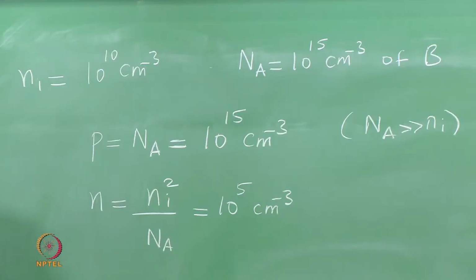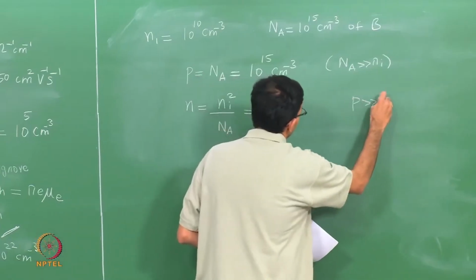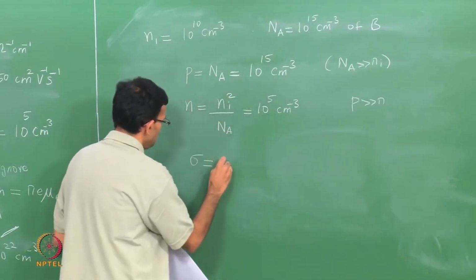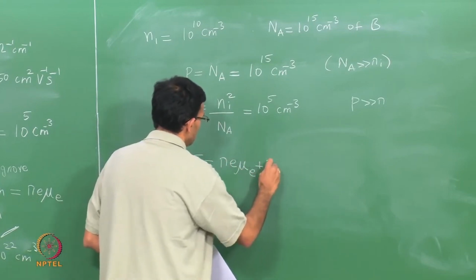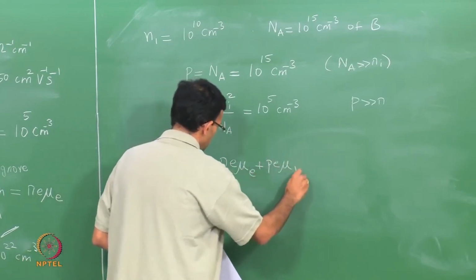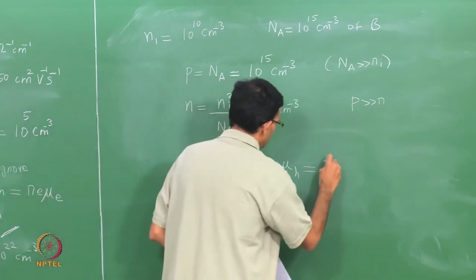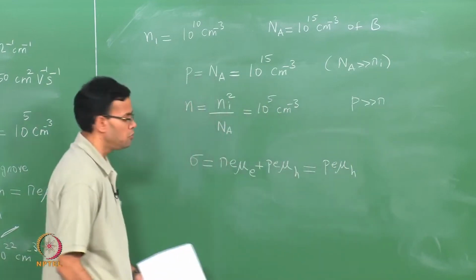So, in the case of a p type impurity, we find that P is much greater than N. So, your conductivity equation, which is N e mu E plus P e mu H, will be just P e mu H. Can once again do the numbers.